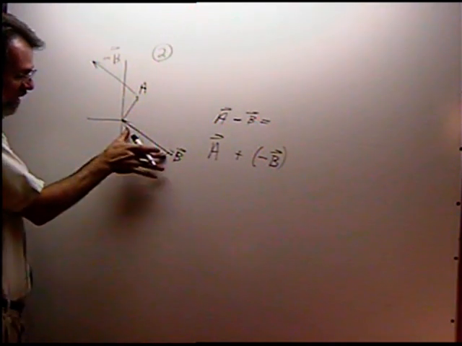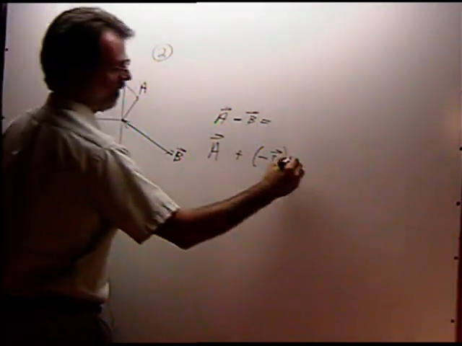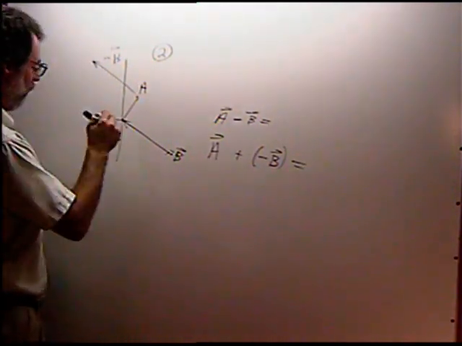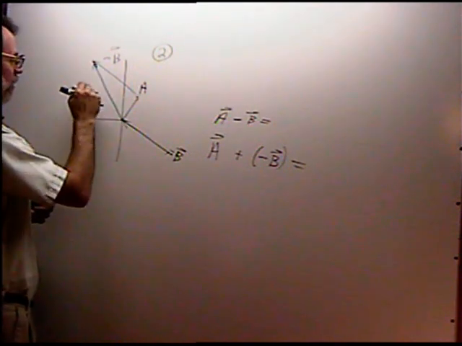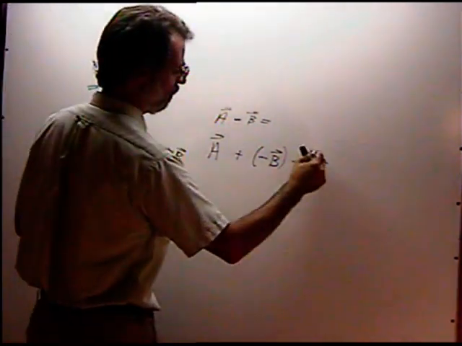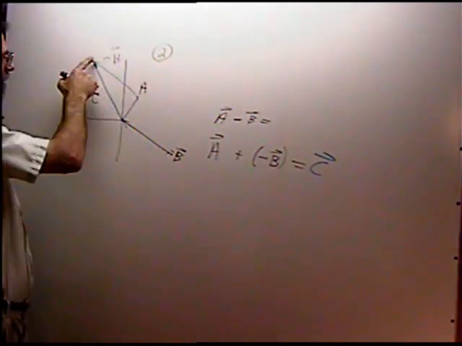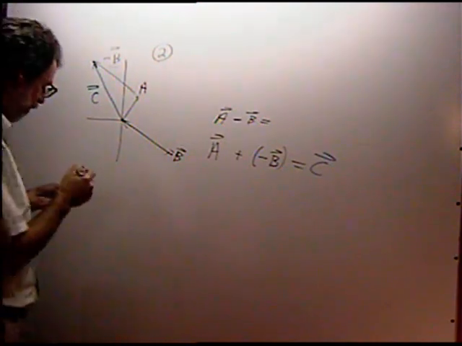I just form the minus B vector, and then I add the minus B vector. And the result is from here, tip of one to the tip of the other, to here. So that's now C, the new vector. I take A and I add to that a minus B. Okay? Hopefully that's clear.